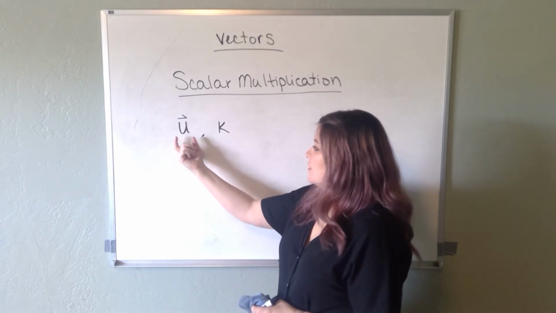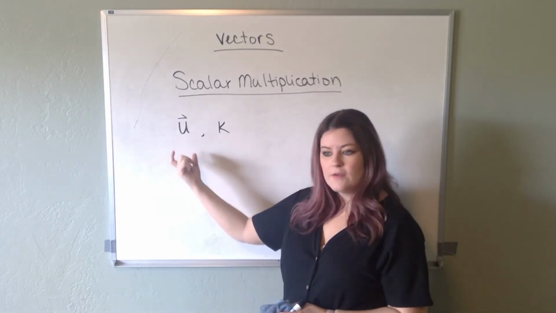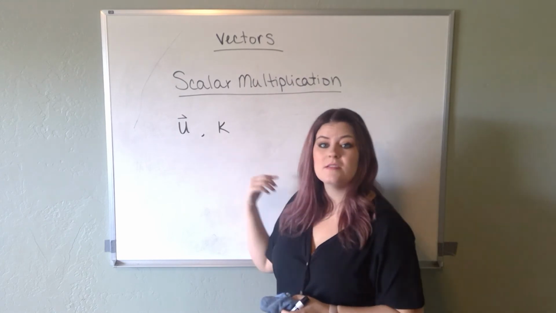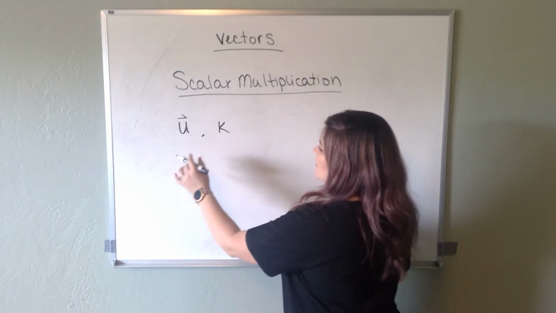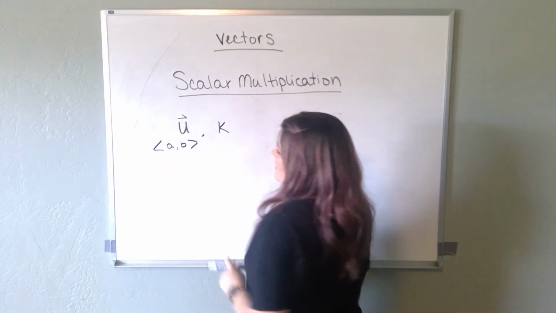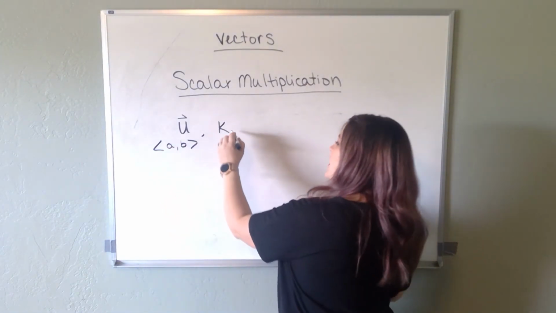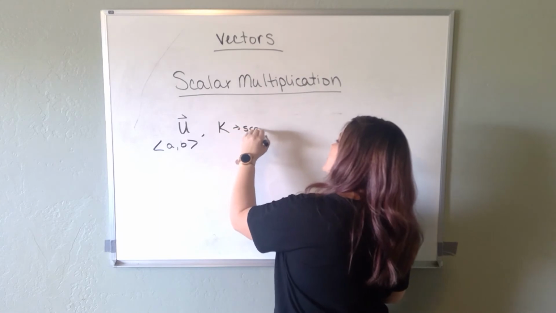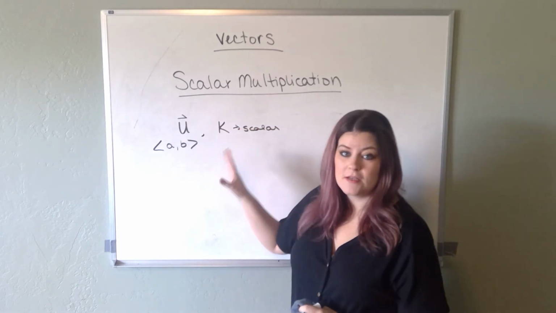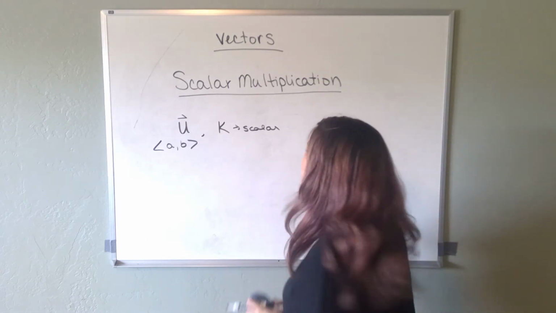So anything that says it's a vector, you can say, okay, that's a vector, it has components. k is just k. It's just a scalar. So I have my vector u, it's going to stay a, b components, and k is just a scalar, which just means it's any number. In your examples, it will actually be a number like 1, 2, 3, 4, 5.